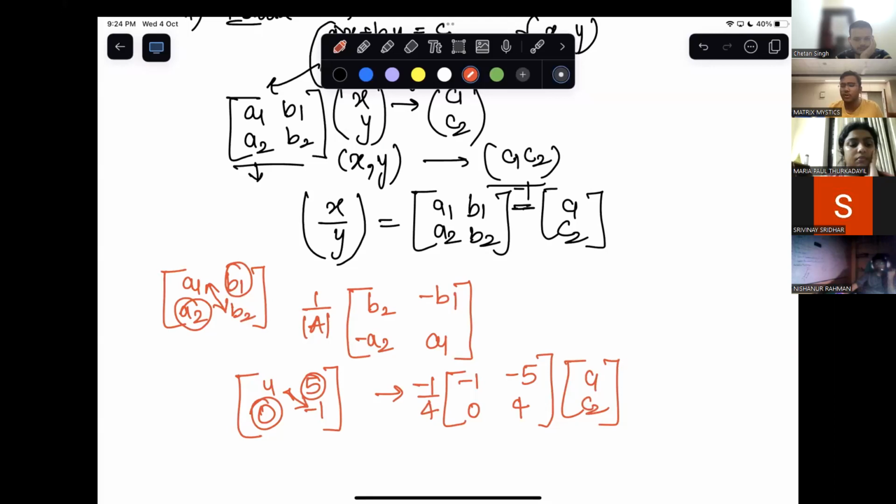Although if you want to find the prerequisite way, the way we do it, you would end up landing over here only. It is just for a 2 cross 2 matrix that it works and makes your calculation a bit faster. That's it, there's nothing else. Even if you don't want to use it, you can go through the defined way. But if you want to be a bit faster, you can use it. There's no harm.